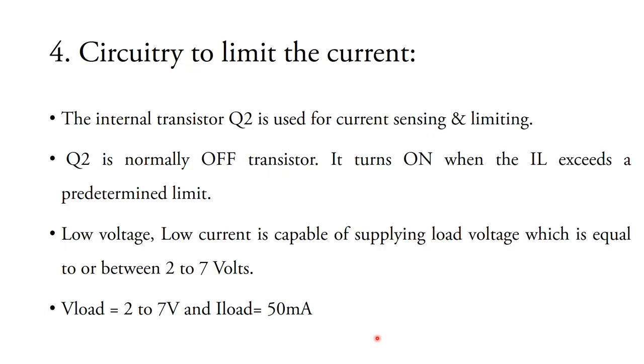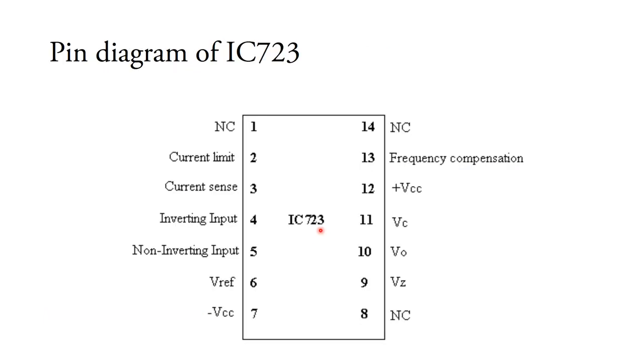I hope you understand the basic functional diagram of 723 and the operation of each and every block: voltage reference amplifier, error amplifier, current limit circuit and series pass transistor. Now we'll see how the circuit can be used for low voltage or high voltage by using the pins of IC723. IC723 is a 14 pin IC.